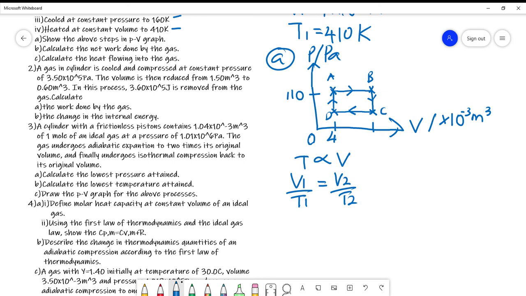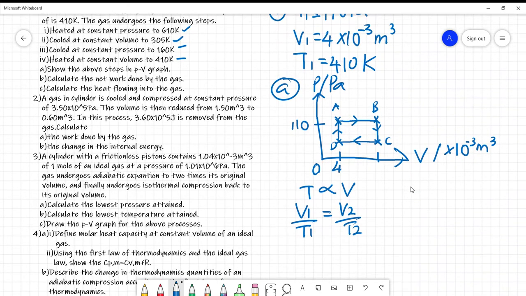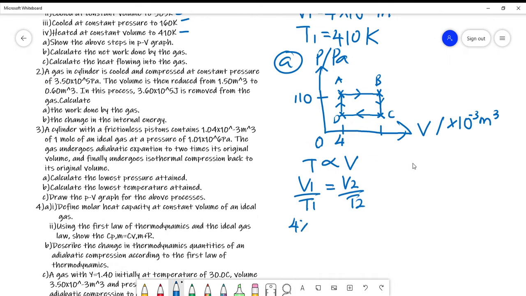These are the variables that vary. My initial volume is 4 times 10 to the power negative 3, my initial temperature is 410, and my V2 is this one.